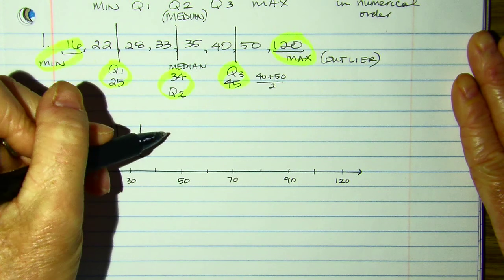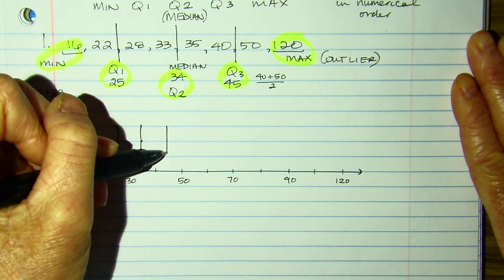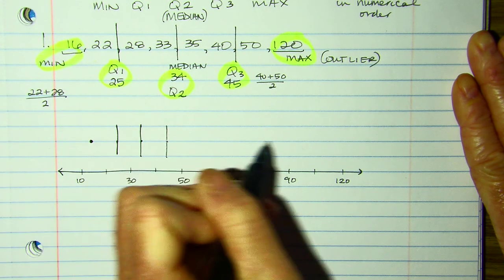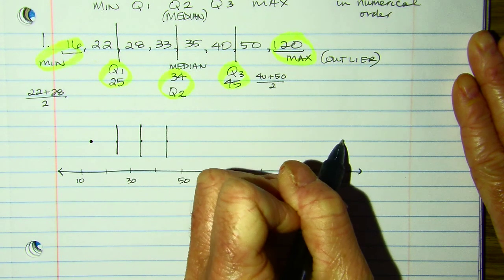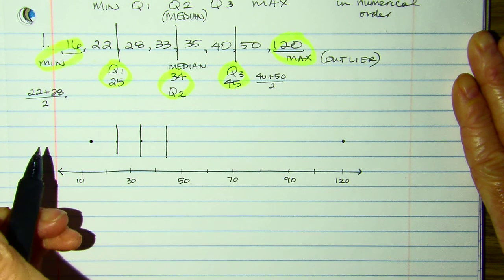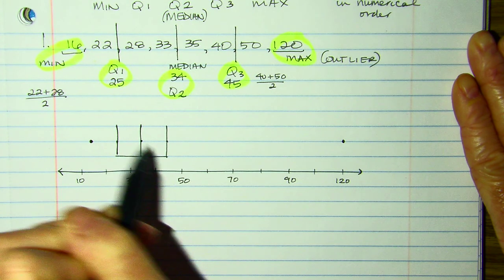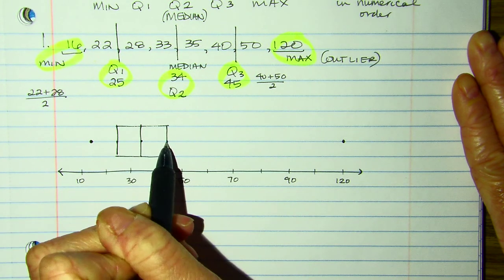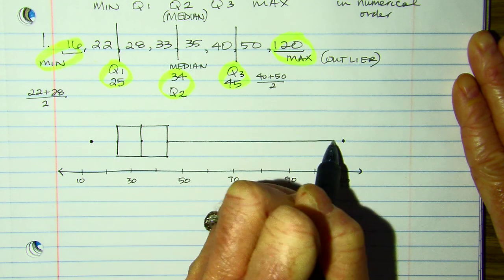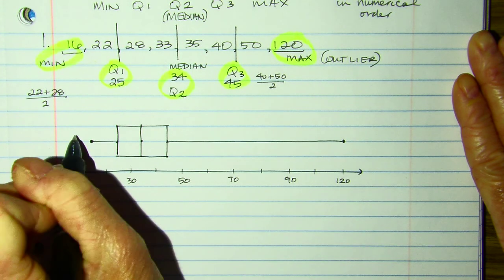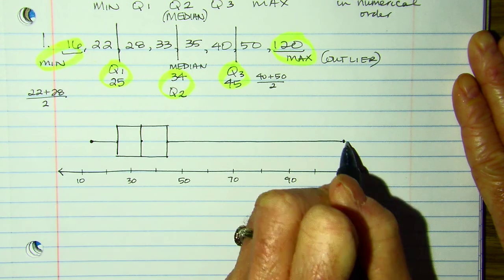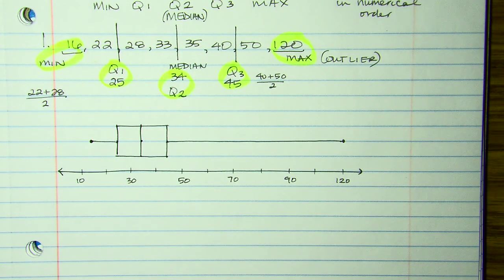And then 45. And then my maximum right way over here. So you form a box with the bars, and your whiskers are straight lines out to your minimum and your maximum. So that is what this would look like, okay?